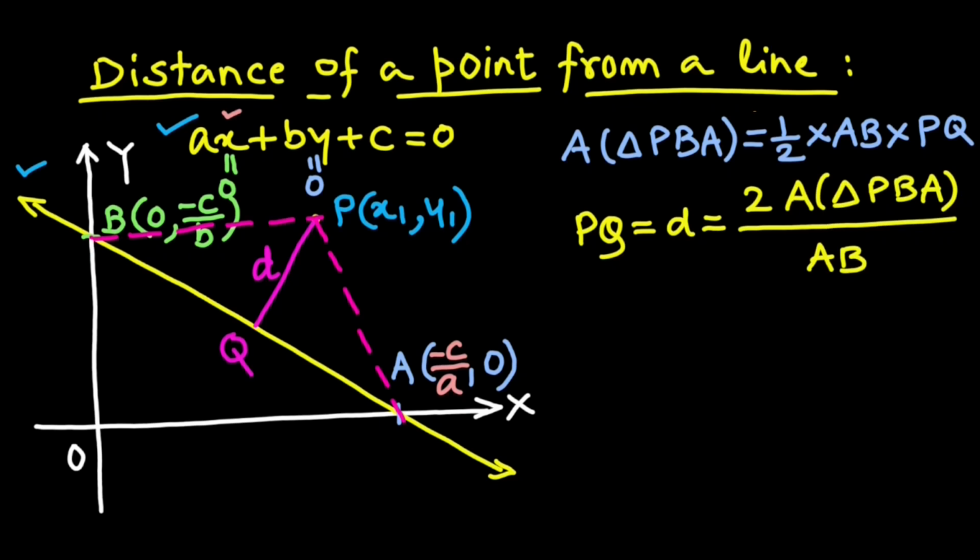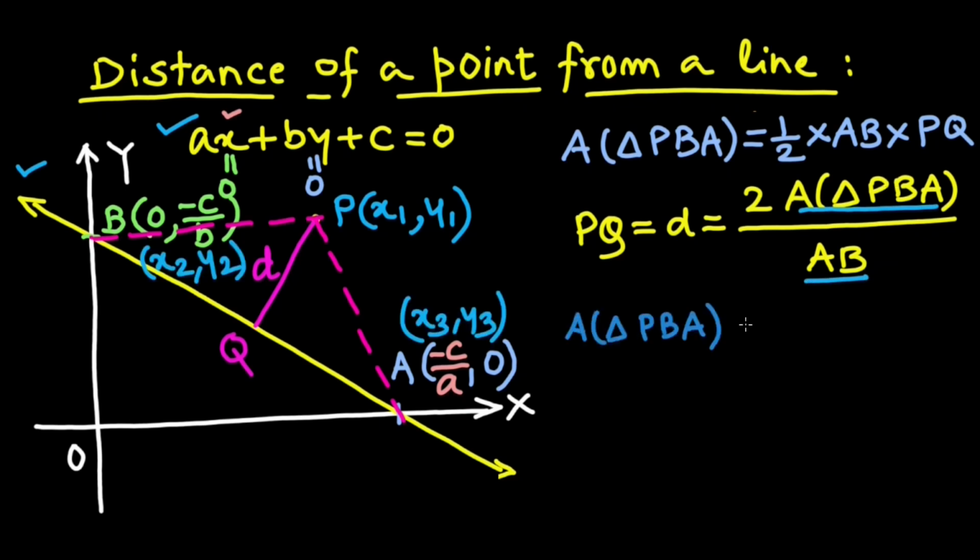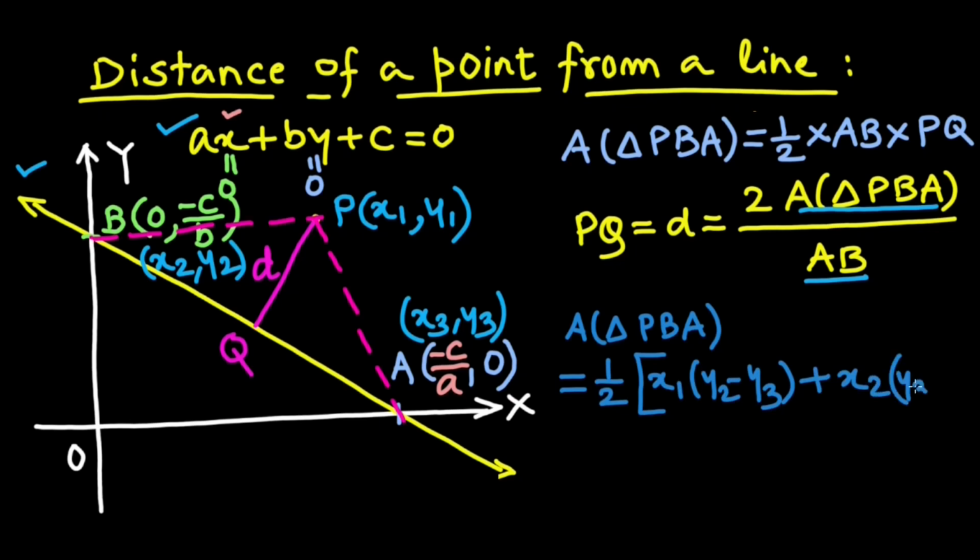We will find area of triangle PBA and length AB separately. Area of triangle PBA will be half times x1 into y2 minus y3 plus x2 into y3 minus y1 plus x3 into y1 minus y2.